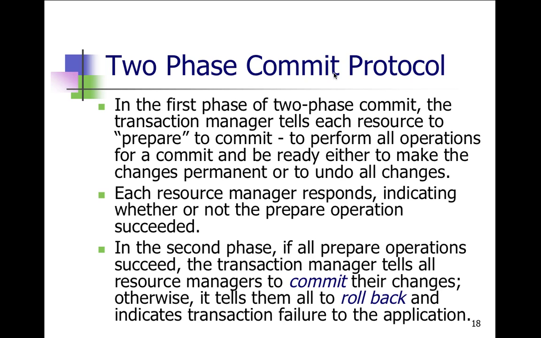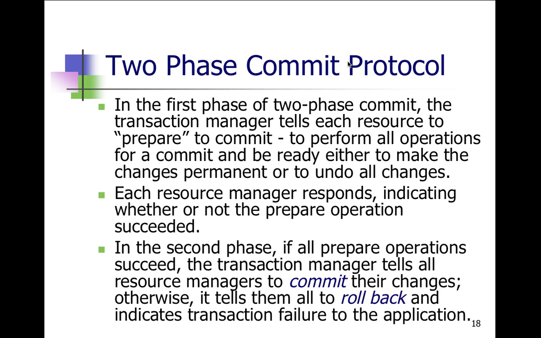So in the first phase of the two-phase commit, the transaction manager tells each resource to prepare to commit. I'm getting ready to change your data. So it comes in and says prepare. So perform all the operations for the commit and be ready either to make the change permanent or undo the changes. Meaning it takes everything it has and says, can I go ahead and apply these changes? And is it going to ruin the consistency or integrity of this resource?